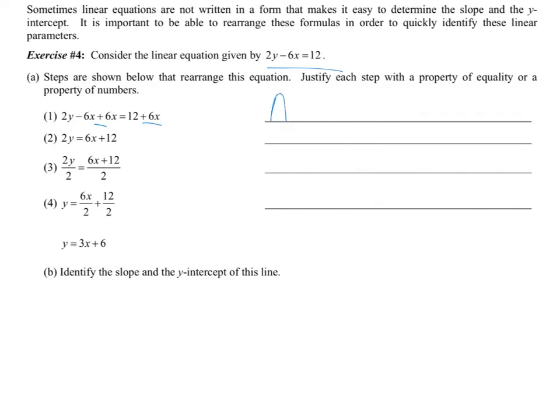So this is the additive property. And then in the next one is just the commutative property. All they did is they moved the 12 plus 6x to make 6x plus 12. So this is the commutative property.